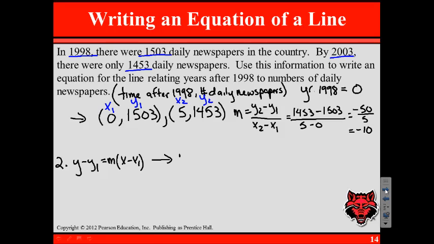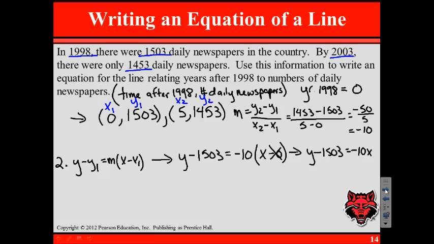That gives us y minus 1503 equals negative 10, parentheses, x minus 0. Anytime we have x minus 0, y minus 0, anything minus 0, let's cancel out the 0. That gives us y minus 1503 equals negative 10x.